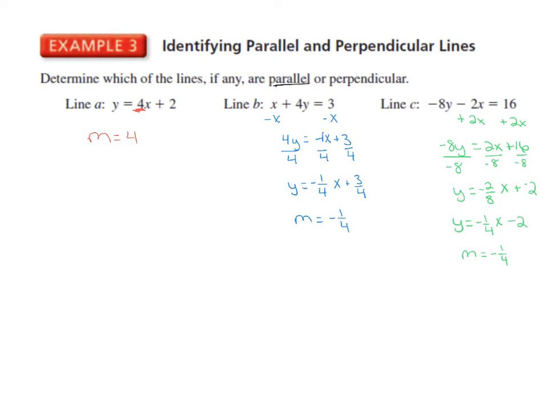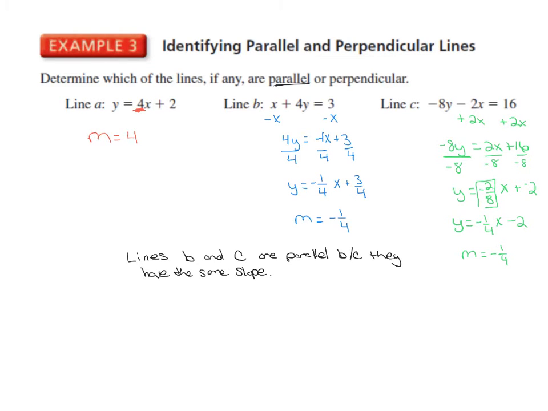If I hadn't reduced it, I might not have noticed that negative 2/8 is the same thing as the slope for line B. So I just discovered that lines B and C are parallel because they have the same slope.